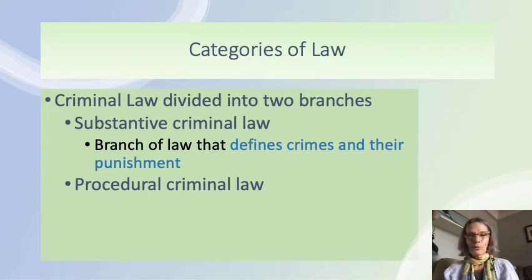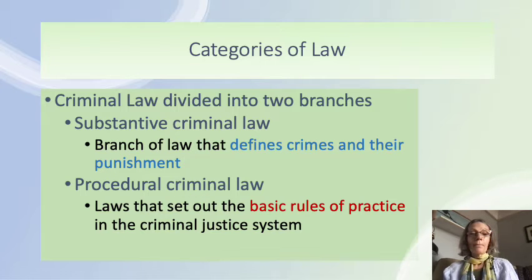As that name suggests, procedural criminal law deals with the laws that set out the basic rules of practice in the criminal justice system. Okay, so due process, fair procedure, the procedures that the criminal justice system must follow when it is charging somebody with a crime, trying somebody for a crime, and then the procedure that's followed in relationship to the punishment, right? All of those steps that we talked about in the criminal justice process fall in the procedural criminal law.